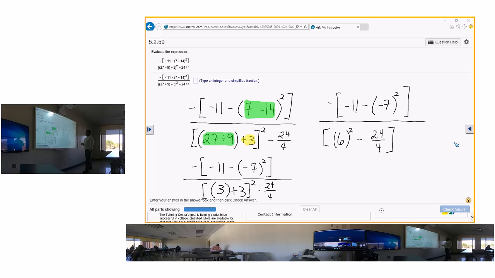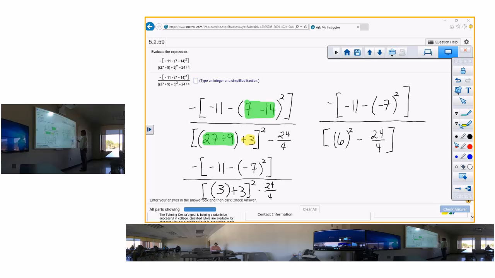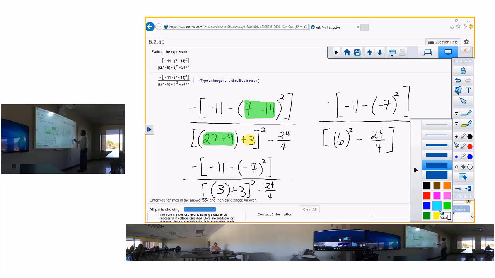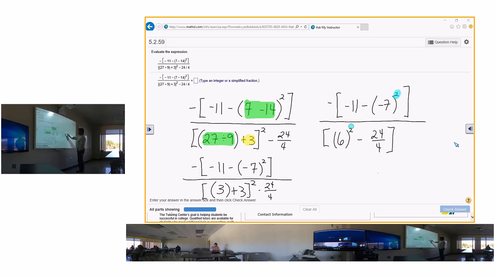And now we're going to do the exponents. So take out our handy dandy. Now we're going to do our exponents.